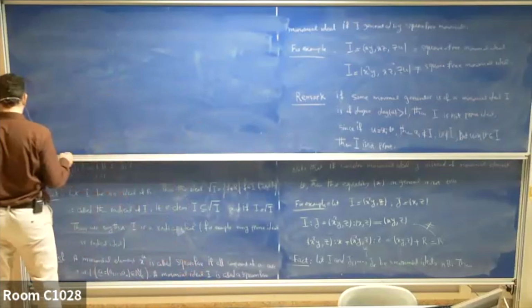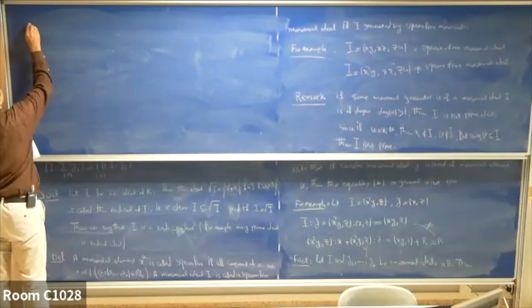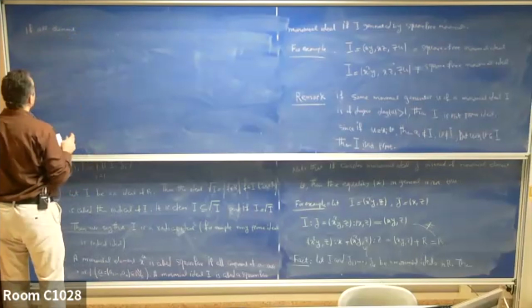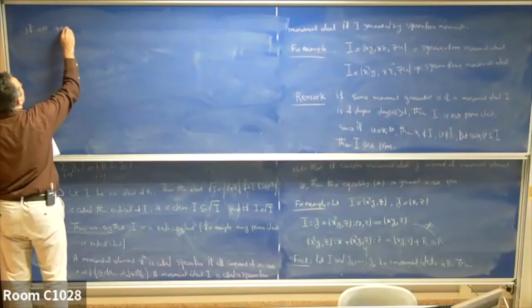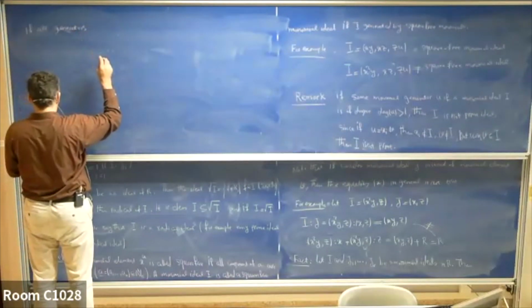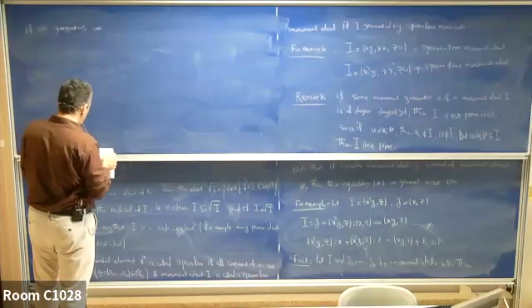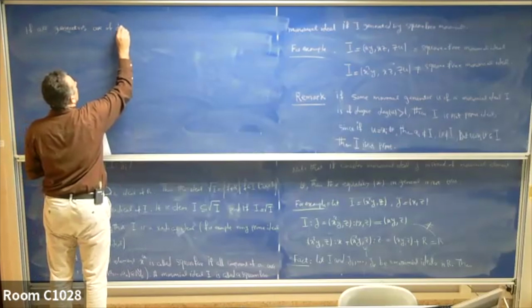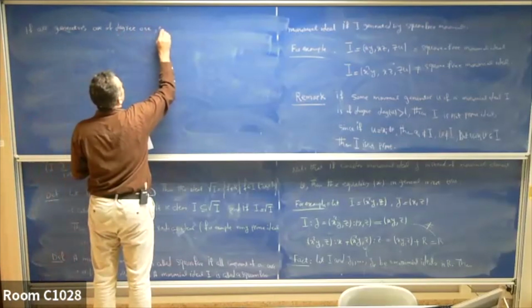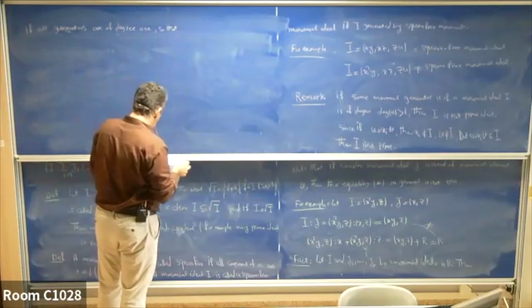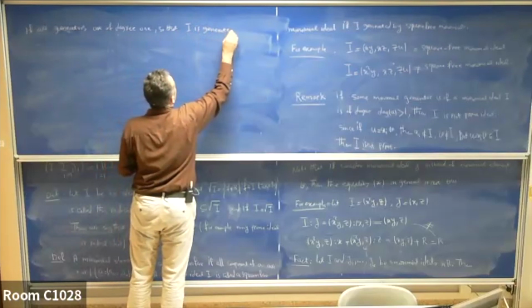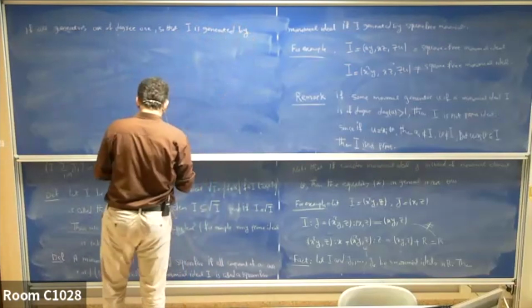So if all generators are of degree 1, then I is generated by a set of variables.